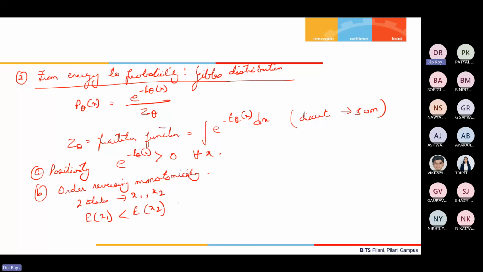And the way in which we use this is that if the energy of x1 is less than the energy of x2, it means that the probability of x1 is greater than the probability of x2, the reverse one.